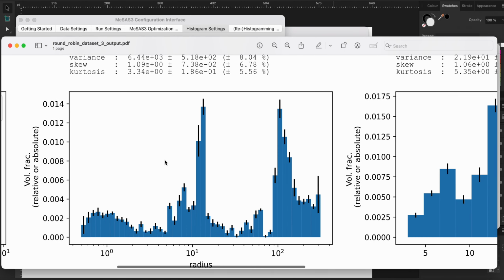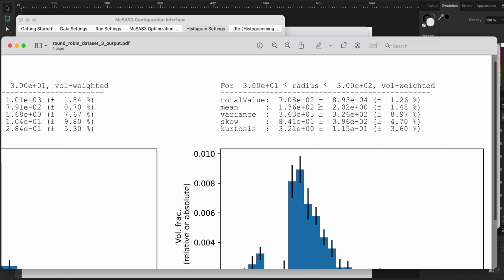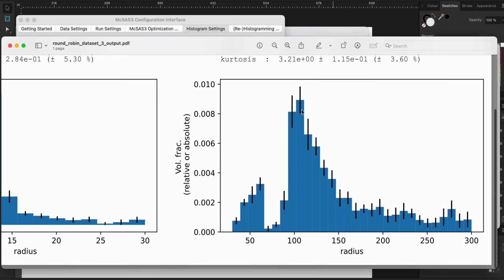So when we look at those individual populations, then we see that the small population is about 11.3 nanometers in mean radius, and the large population has a mean radius of about 136 nanometers. Don't put too much reliance on the outer data points. As we mentioned before, we've actually extended this range a little bit just to get that slope at low Q correct.